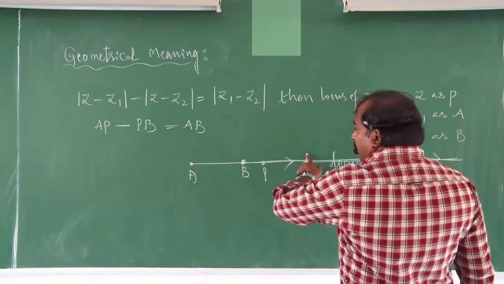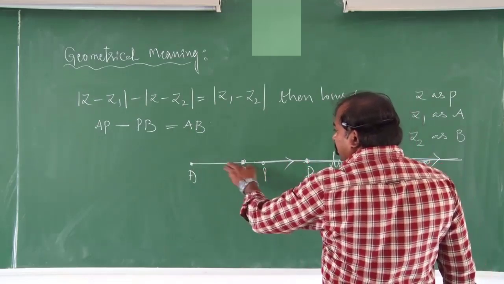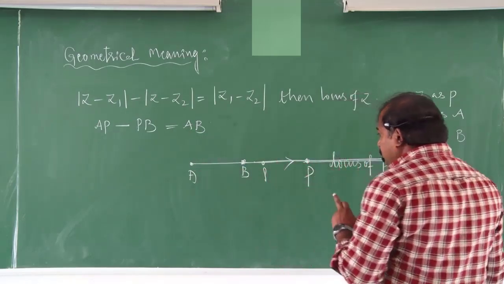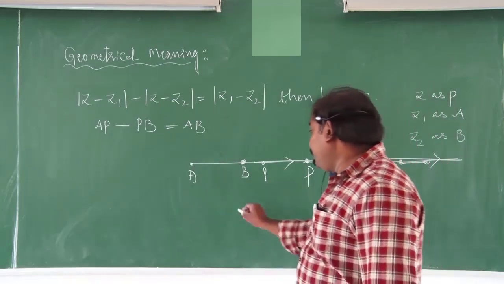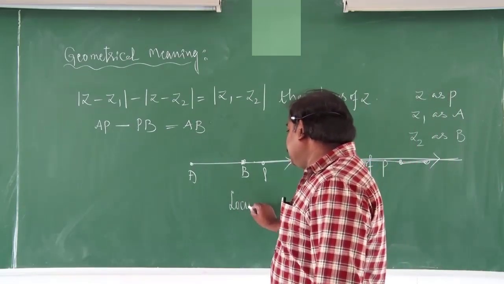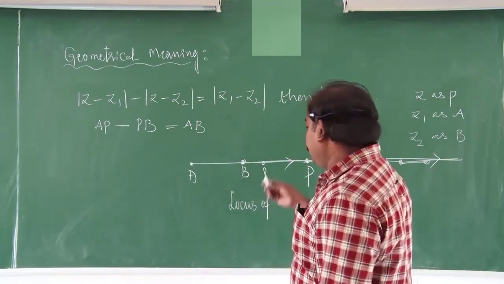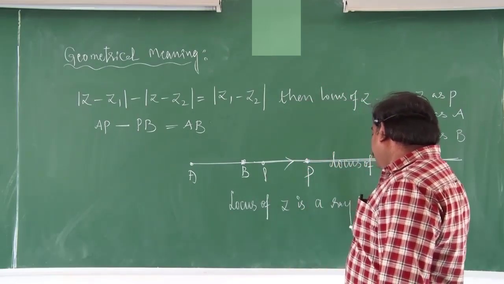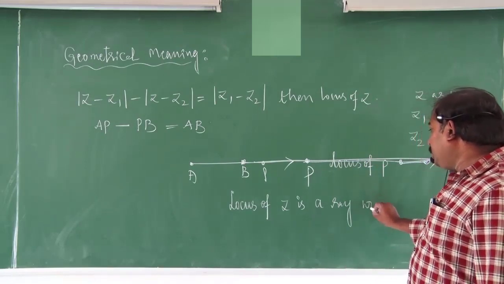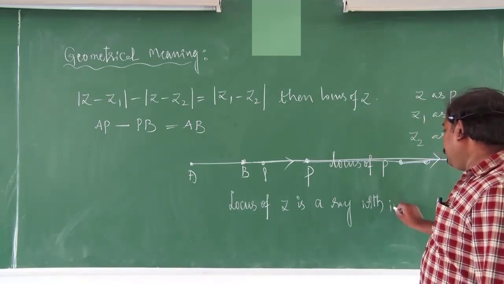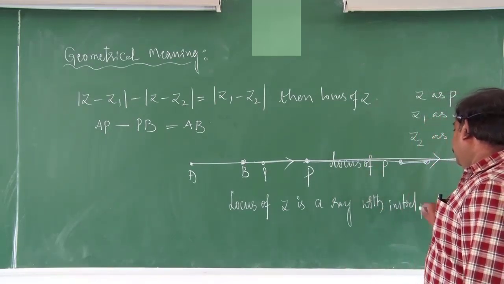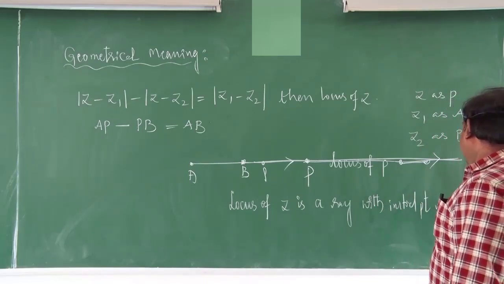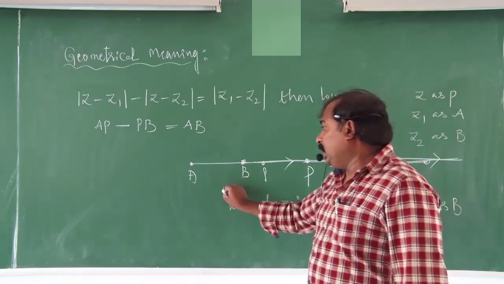AP minus PB equal to AB. Means, what is the locus of P here? Locus of Z is a ray with initial point as B. This is the logic here.